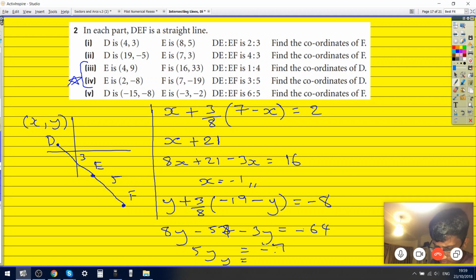So we have 5Y is minus 7. Y is minus 7 over 5. I'll write that as a number, which is minus 1.4. And so it's the coordinate minus 1, minus 1.4. Any questions there? No, that's fine.